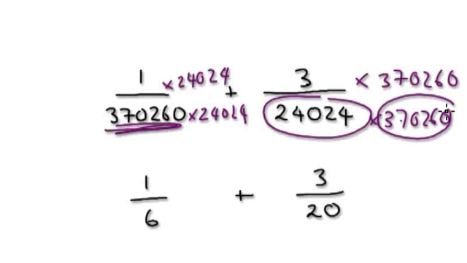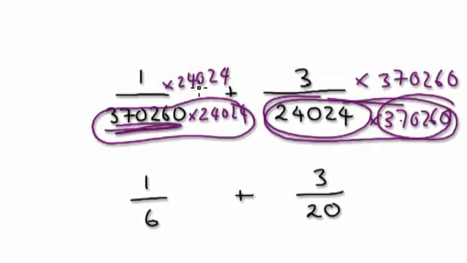And then you can be sure that the two denominators here will be the same. So your first aim is to get the two denominators to be the same.